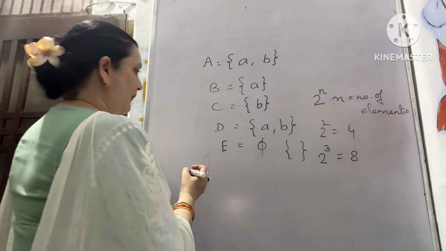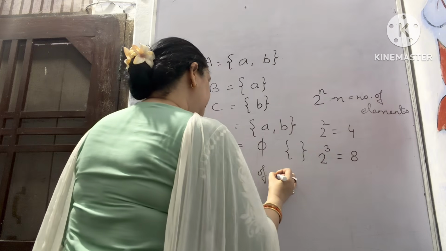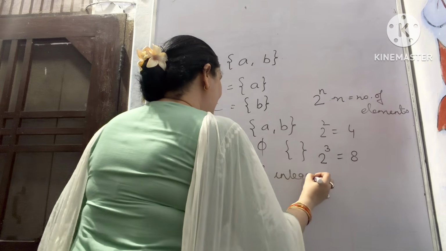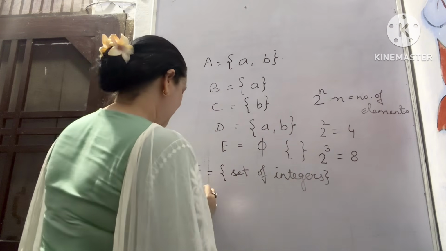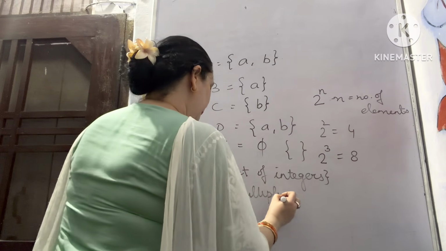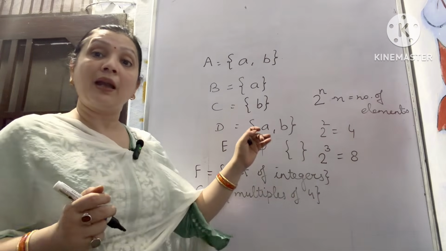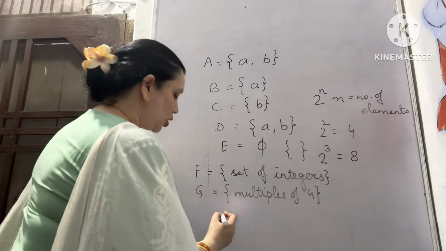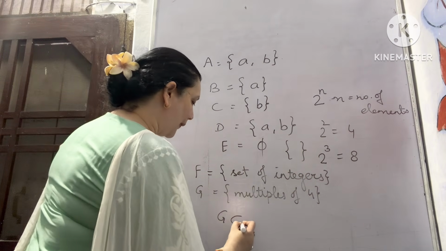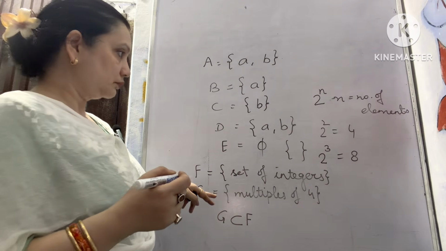For example, if I take a set F which is set of integers, and there is one set, let us take G, multiples of 4. Now all the multiples of 4 will be integers, isn't it? So G is a proper subset of F. Here I will not put this line.